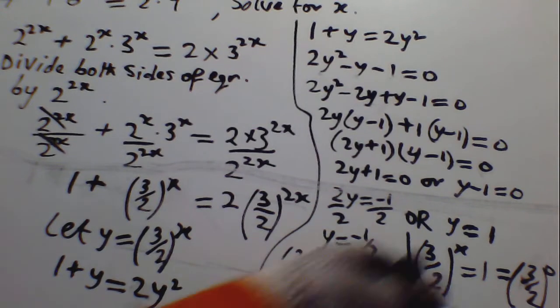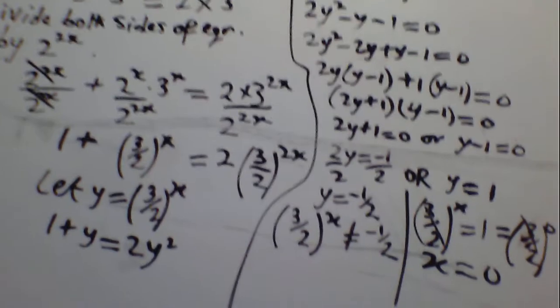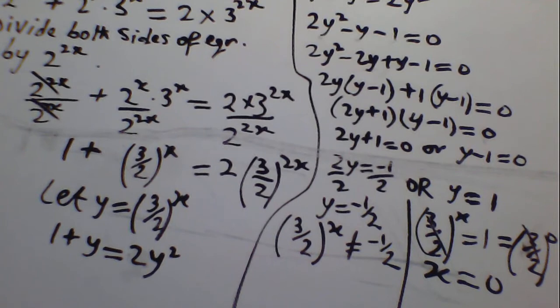So from here, the base can cancel out to give us x is equal to what? 0. When the base cancels out, we have x is equal to 0. So I believe this is the value of x.